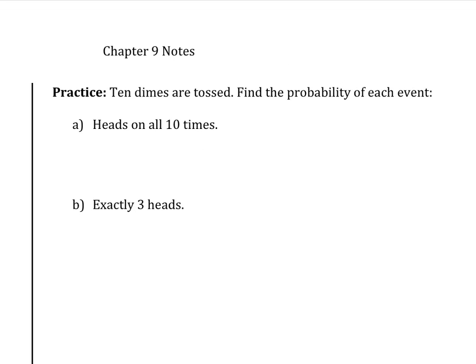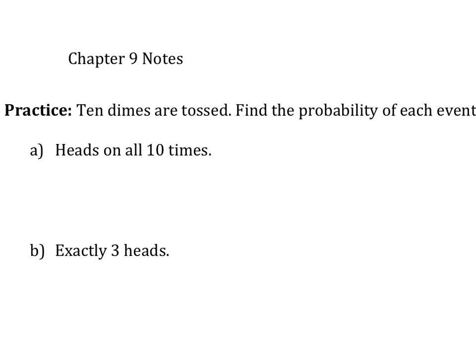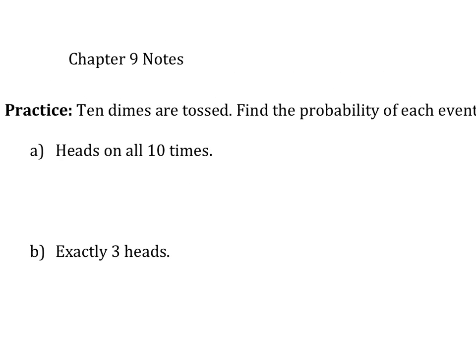Okay, the last one. So this one you're going to practice. 10 dimes are tossed, find the probability of each event. Heads on all 10 times. So you have to think to yourself, what is considered success? What is considered failure? Success is what you want. It doesn't really mean that you're succeeding, it just means this is what you want.